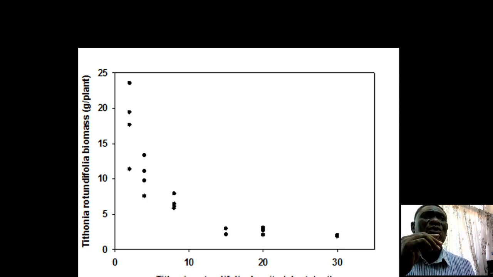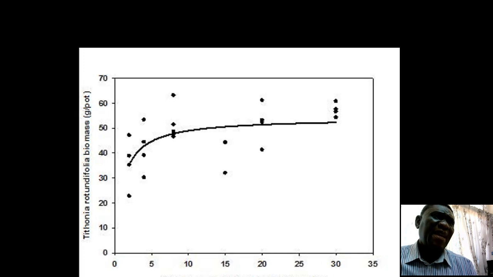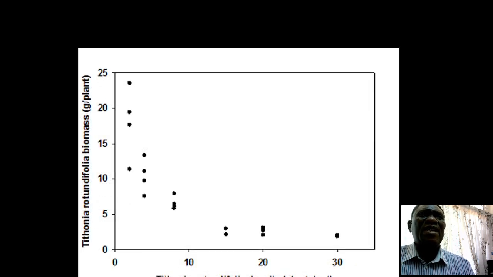But here, all of the Tithonia plants are being used. In this one, we are now using 1 Tithonia plant. You can see the curve has actually changed.